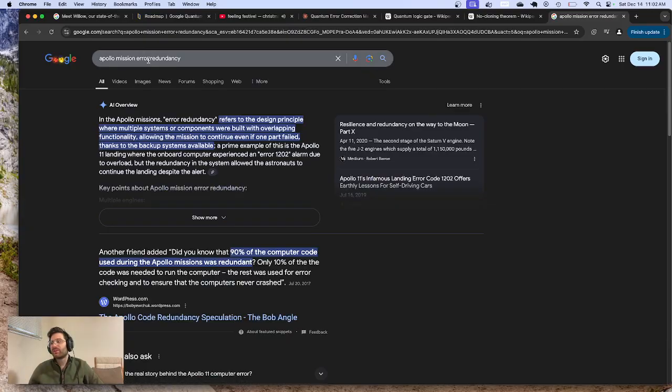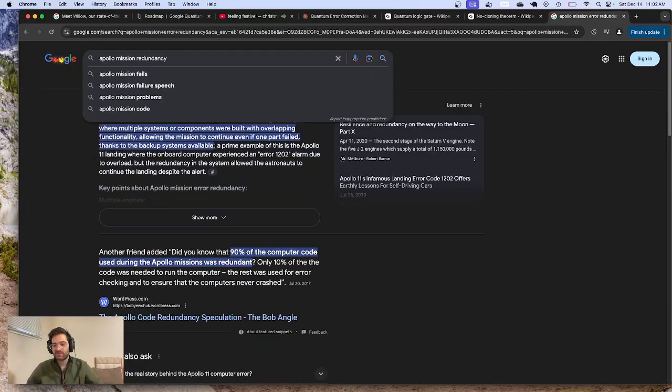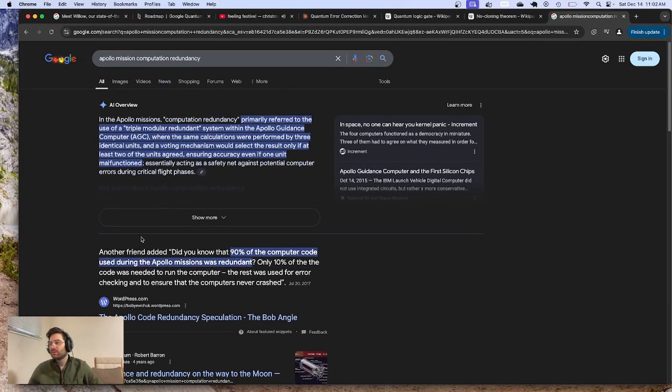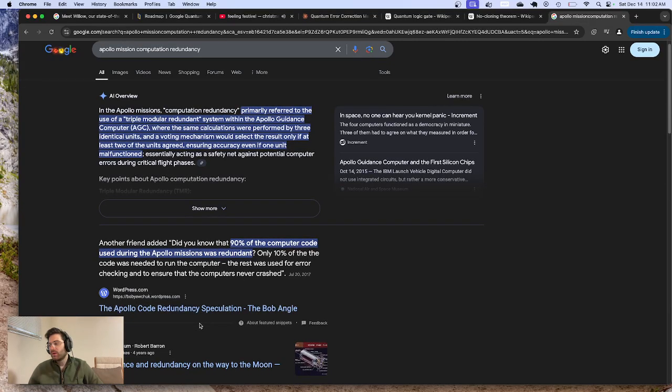I don't want error codes. Apollo mission computation redundancy. The triple modular redundant system within the Apollo guidance computer. Yeah, this is what I'm talking about.